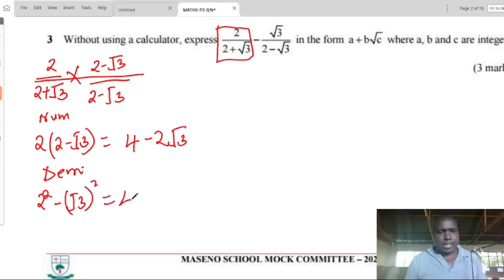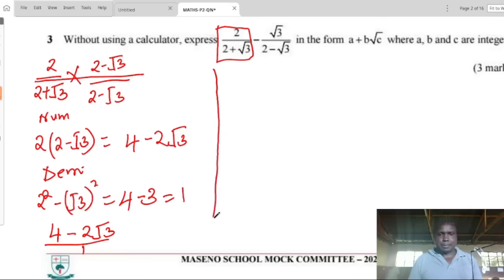So this one is the same as 4 minus 3, and this one is going to be 1. So you realize that we have 4 minus 2 root 3 divided by 1. We are done with the first part.